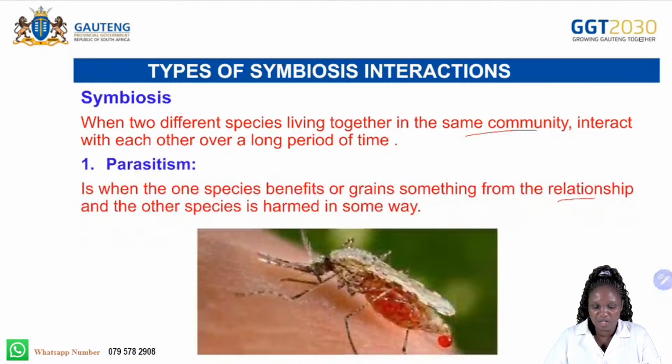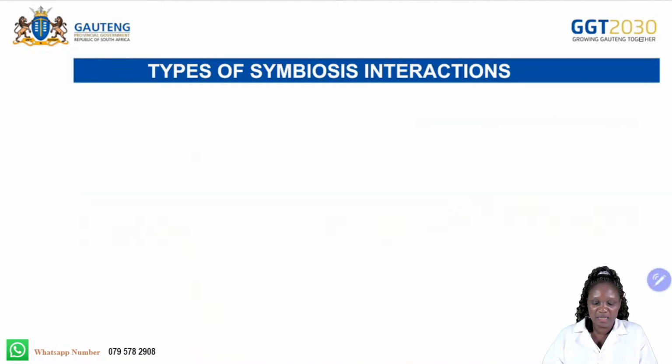For example, we've got different types of insects which are going to feed on the blood of the biotic, the blood of the living. For example, as human beings, you know mosquitoes. Mosquitoes bite us, they suck our blood, therefore they will be harming us. Okay, they can even spread diseases.